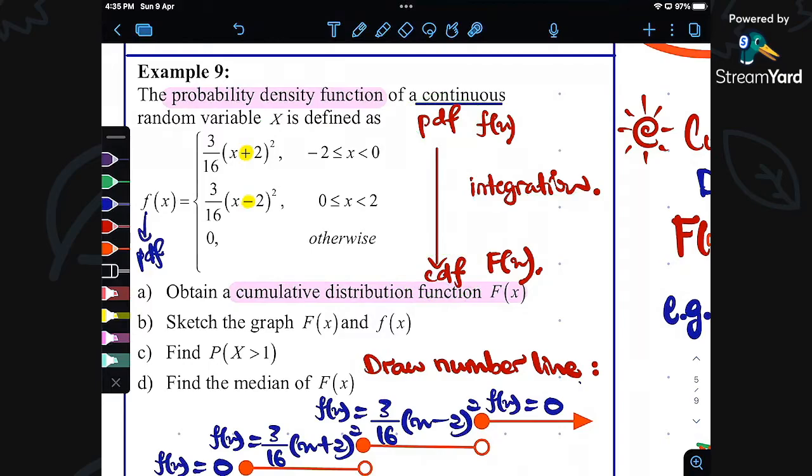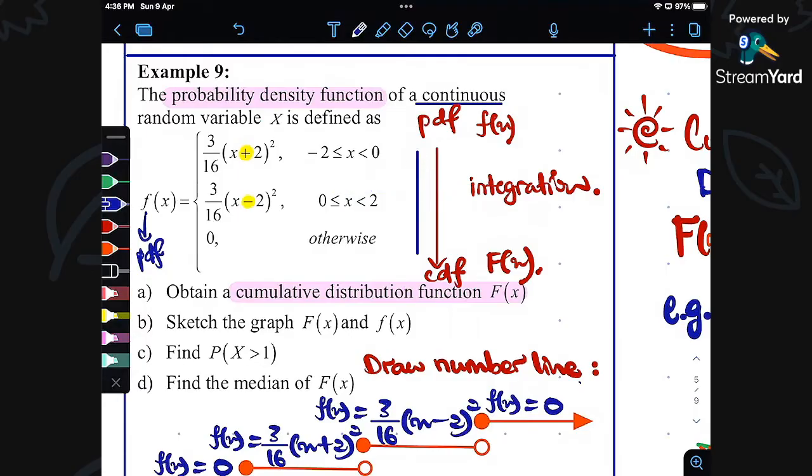But let's say we are given CDF and we want to find PDF, what should we do then? We will do differentiation. But I won't show you that in this video.